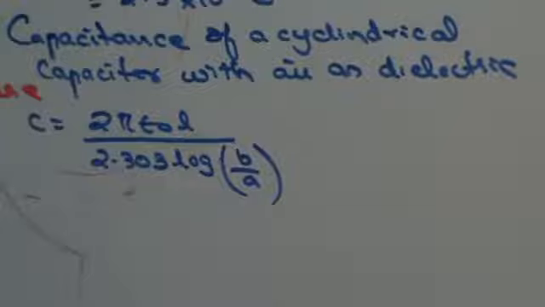For spherical capacitance, it is the product of the two radii divided by the difference between the two radii. For cylindrical capacitance, it is 2 pi epsilon 0 L upon 2.303 log of B upon A.